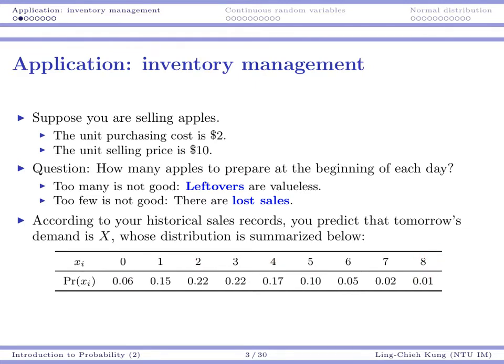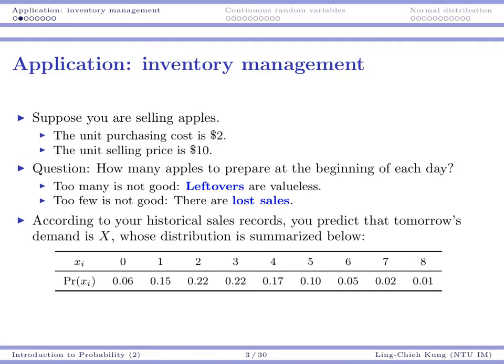Okay, we assume these are all the possible values of your capital X, your random demand. So here we do not care about how we make this prediction. That will be some topics in future lectures. But here we only want to take this probability distribution as an example to do some interesting things on it.